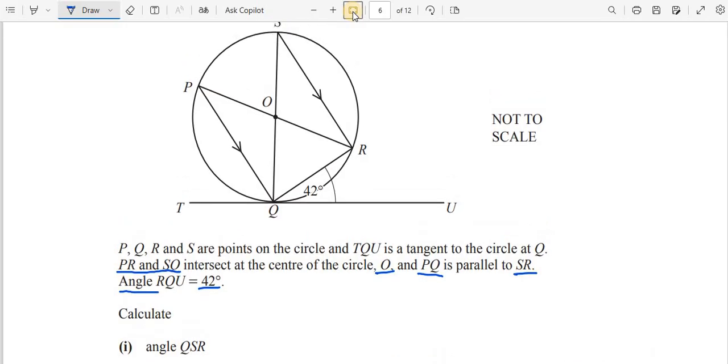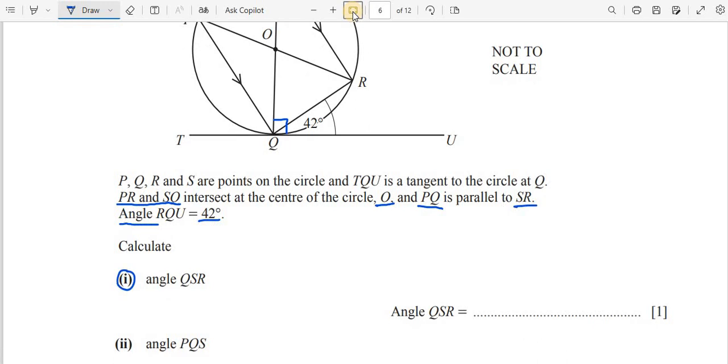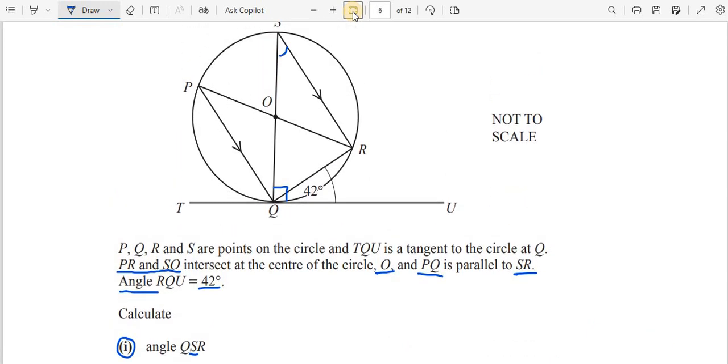Now this is a right angle, so it is equal to 90 degrees, but we take only this angle because we find angle S. So this is angle S. This is 90, so 90 minus 42 is equal to 48.